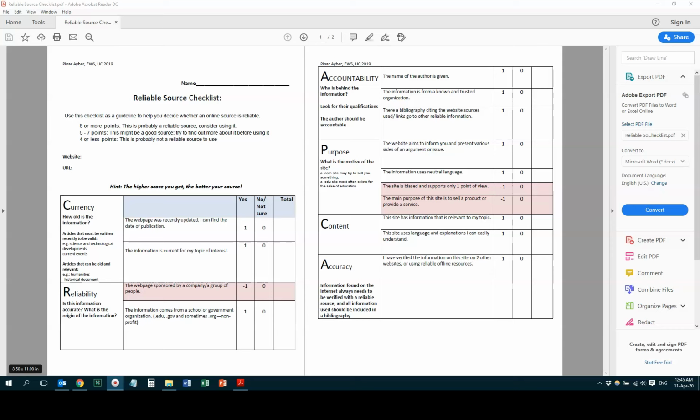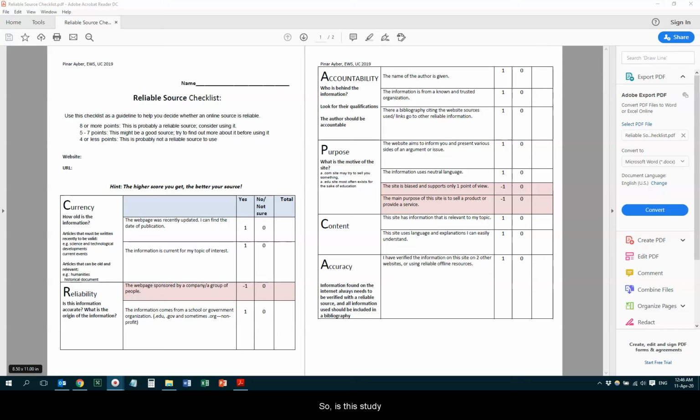The second section is R for reliability. Is this information trustworthy? Can we trust the publisher? Can we trust the organization? Is this web page sponsored by a company or a group of people? For example, are the people trying to sell you something?